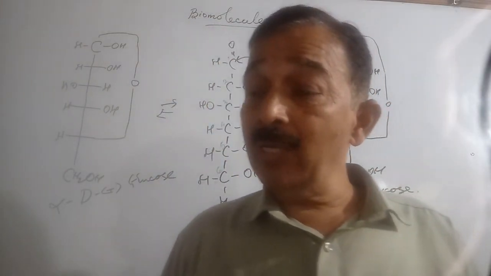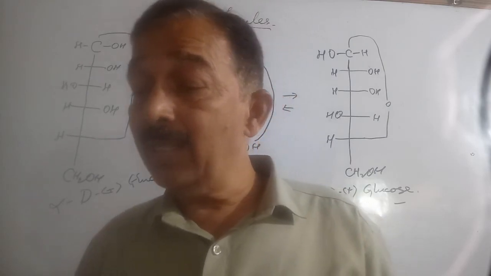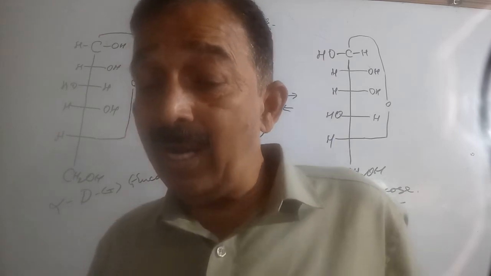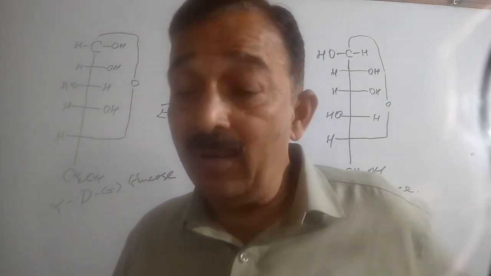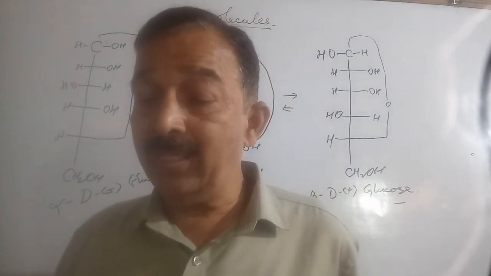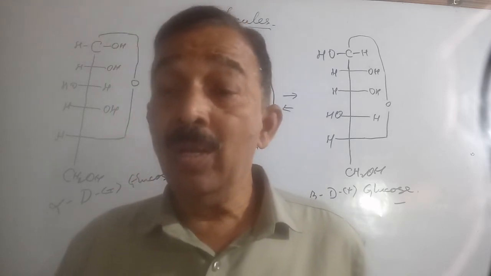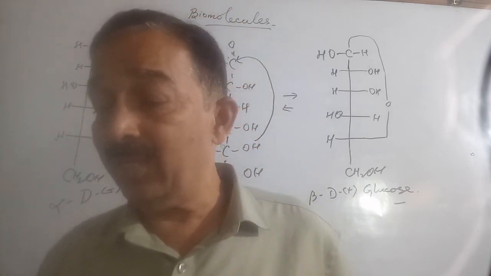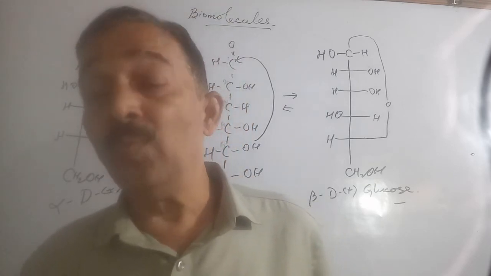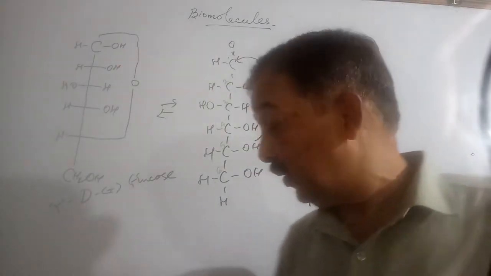Such isomers, alpha and beta forms, are called anomers. The six-membered cyclic structure of glucose is called the pyranose structure, in analogy to pyran. This structure you can see on the board.